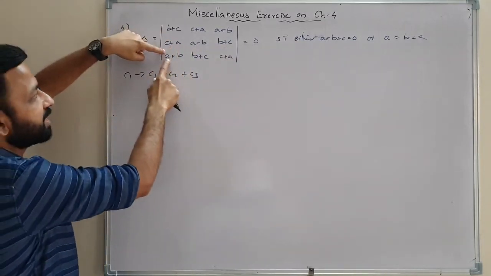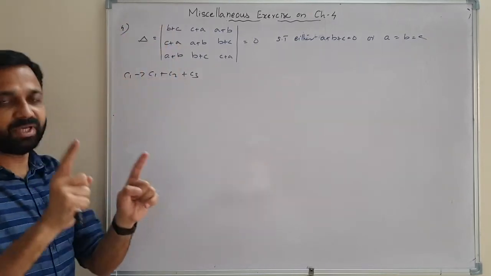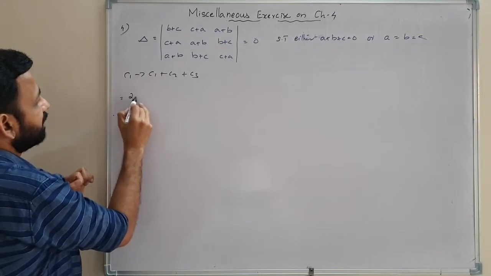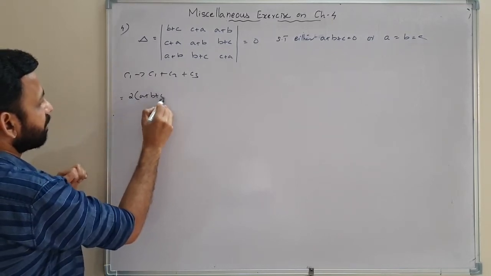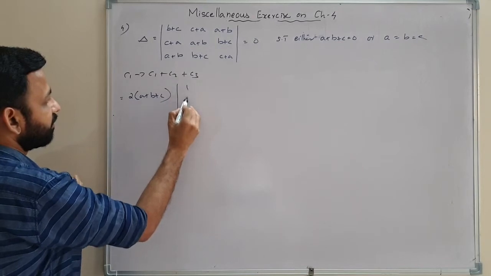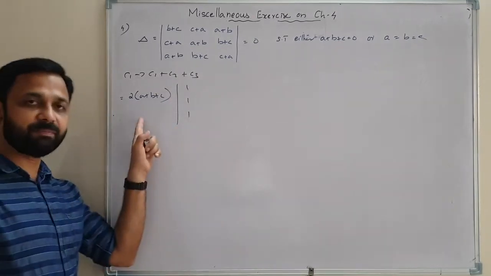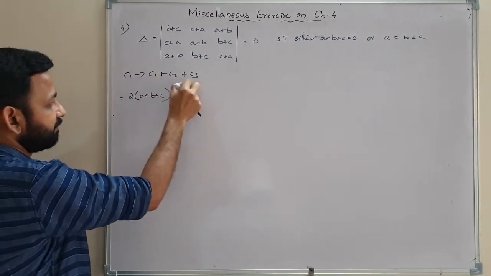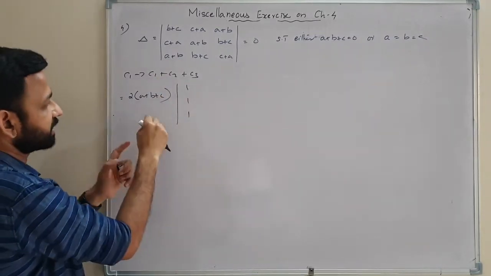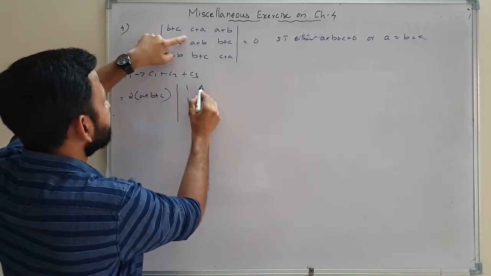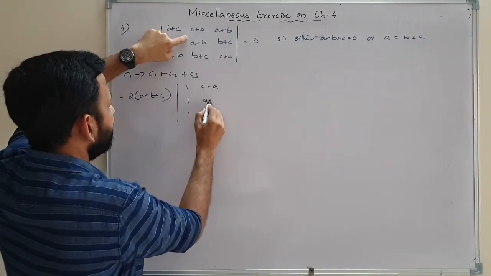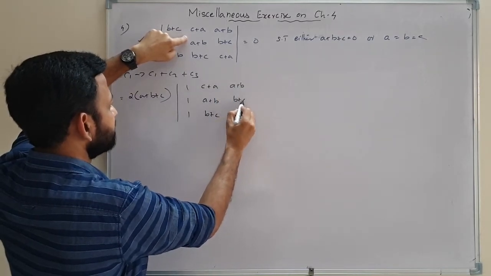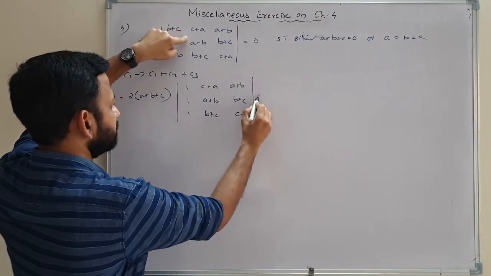We will get it everywhere, so we can take 2 into a plus b plus c outside the determinant, and it will be 1, 1, 1 in the first column. We are skipping one step here. Then the rest of the terms: c plus a, a plus b; a plus b, b plus c; b plus c, c plus a, equal to 0.